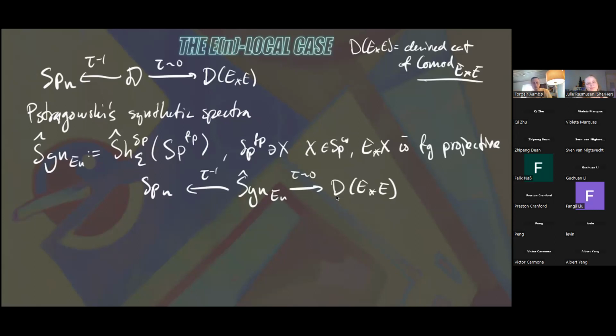There's also, I don't like particularly hypercomplete synthetic spectra. The synthetic spectra in themselves are kind of nice. They're the global version, but if you want to do things E_n locally, it feels ad hoc to me to just reduce to hypercomplete synthetic things.